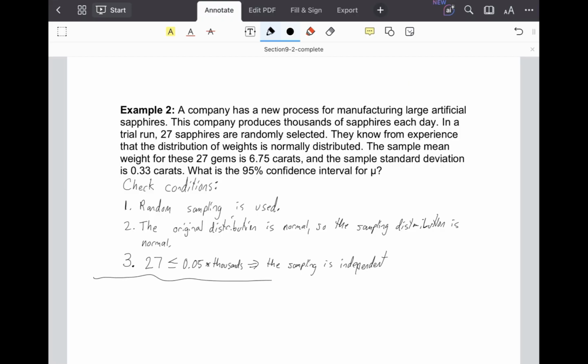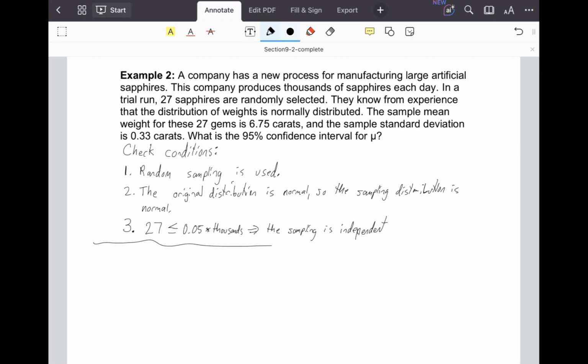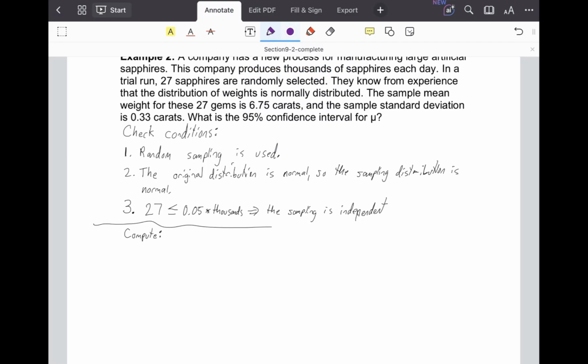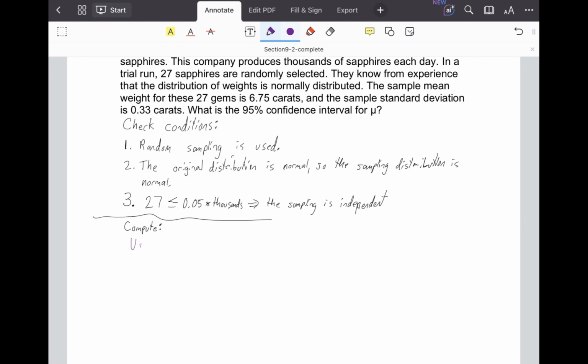Okay, great news. All three of our conditions are met. That means we can compute. In this class, I want you to use Excel. So I'm just going to use the confidence intervals Excel file.